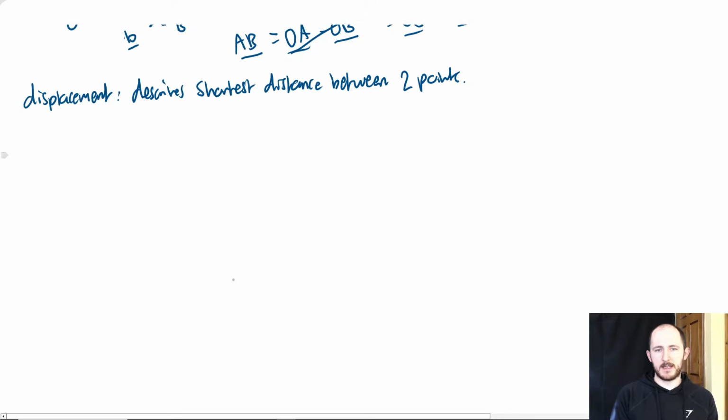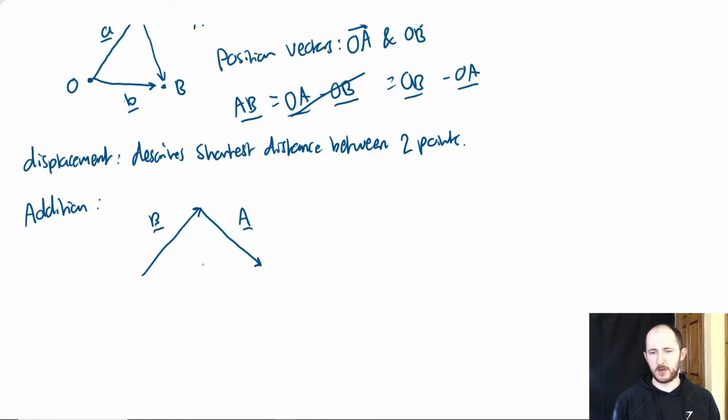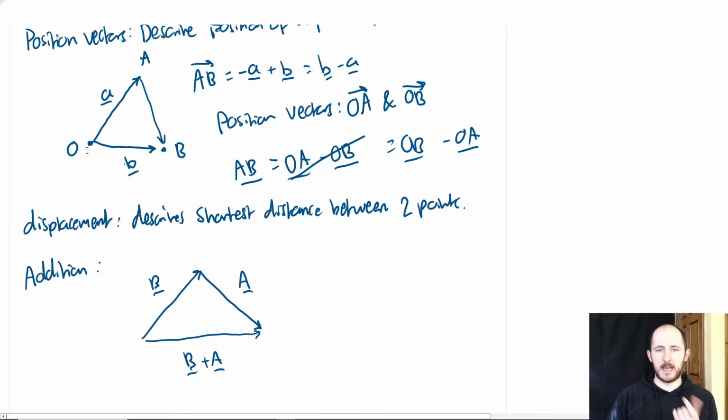So now for the geometric description of how addition works, right? All you would do is you would draw them tail to tip. So in subtraction, you draw them tail to tail. For addition, for example, if I had vector B and then plus vector A, I'm drawing them so that the tip of one touches the tail of the other, and that means my resultant vector here, right, is B plus A. Okay, so subtraction, you put the two tails together, or you can even put the two tips together as well.